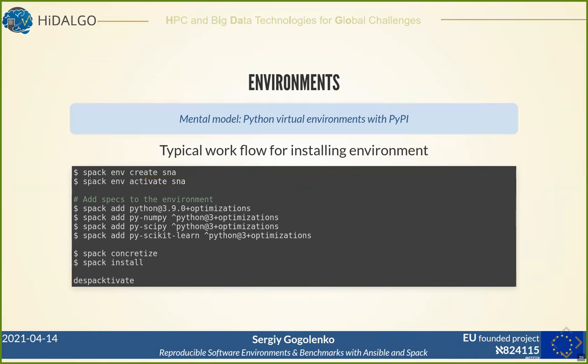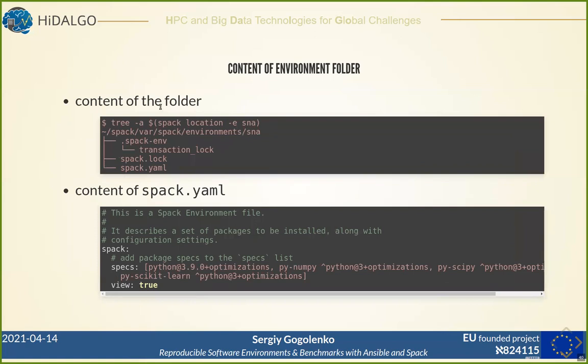You call spack env create, activate, then add some specs to your environment, so the list of packages which you want to use within an environment. Then you concretize this environment and install it. And whenever you do not need the environment anymore, you can use the command despacktivate, which is analogous to deactivating virtual envs in Python.